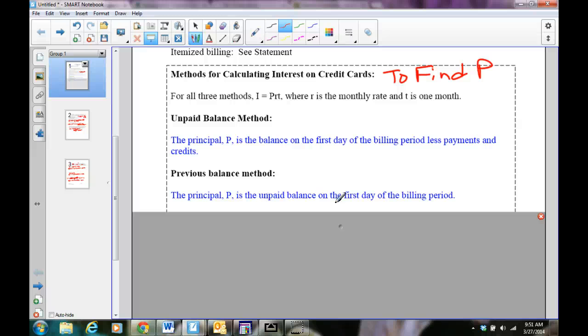The unpaid balance method is the first one. So it's only looking at what you haven't paid for yet. So this one, it's the balance minus what you paid. This one's just the balance.